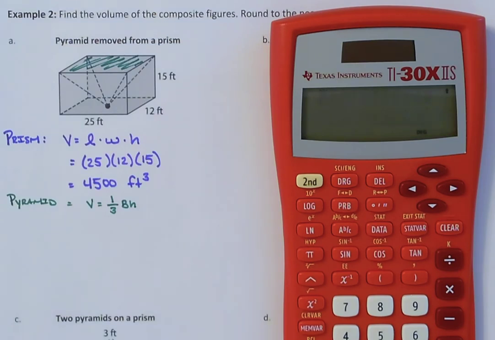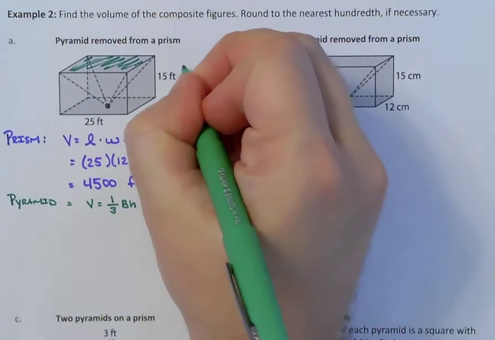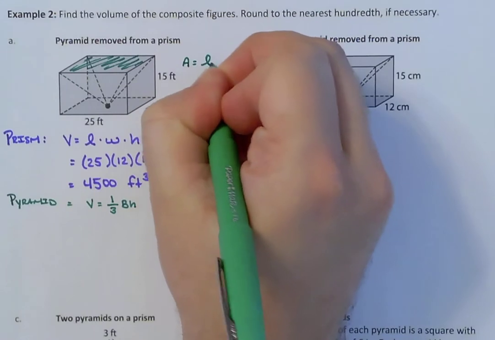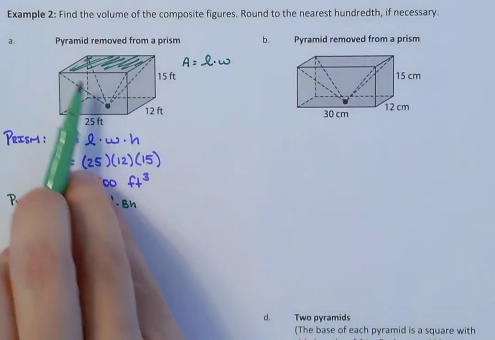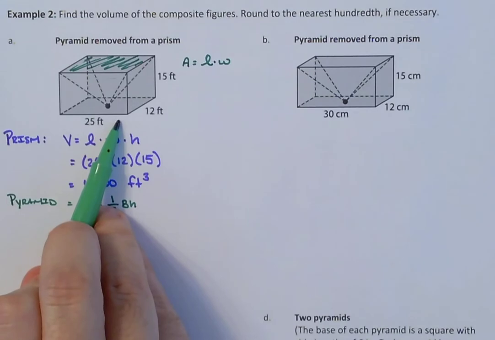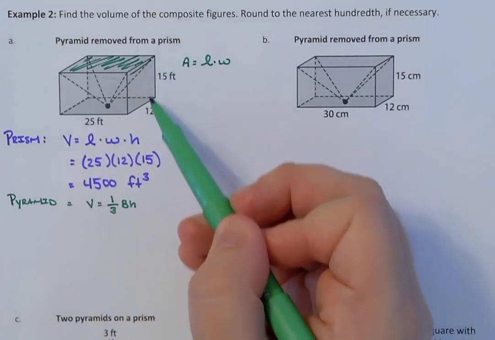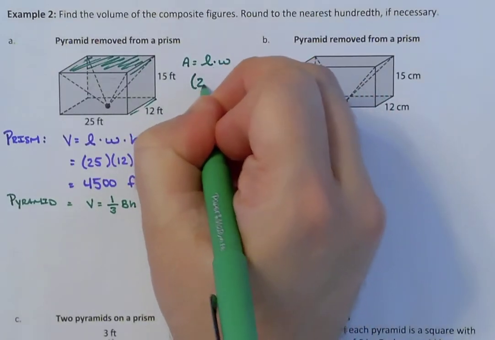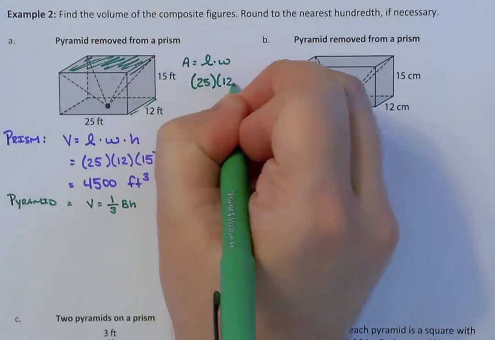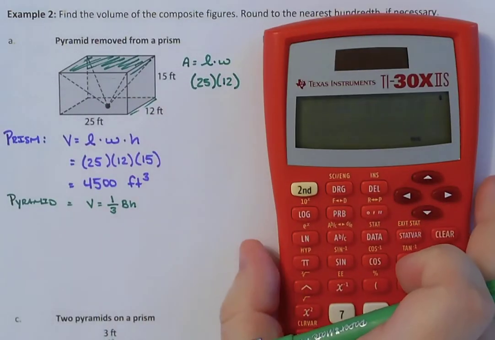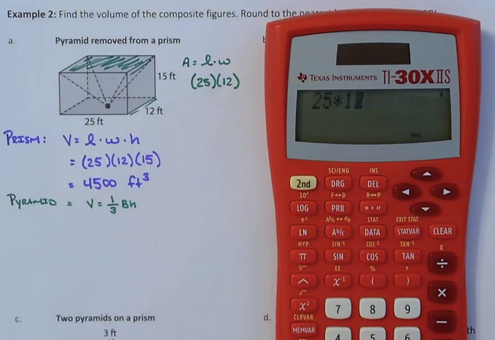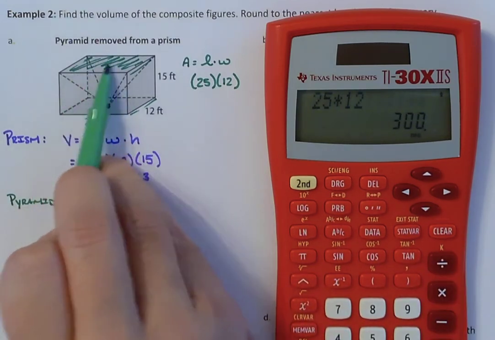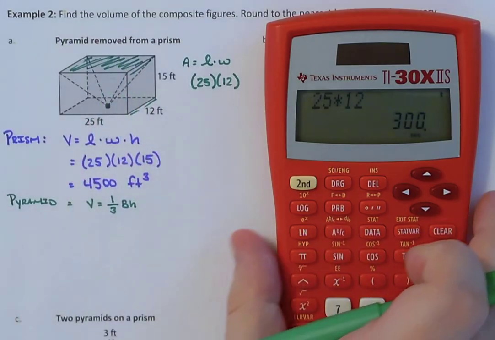Area of a rectangle is length times width. The length here is the same as the prism, so 25, and the width is the same, which is 12. So 25 times 12 is 300. So the area of the base of the pyramid is 300.